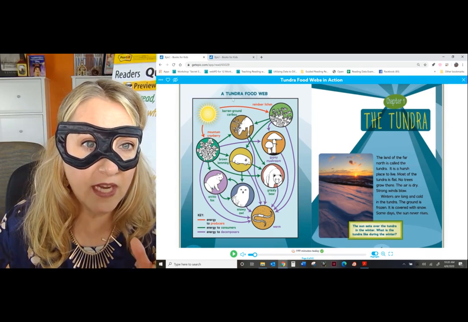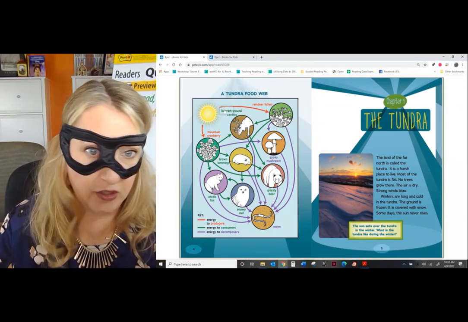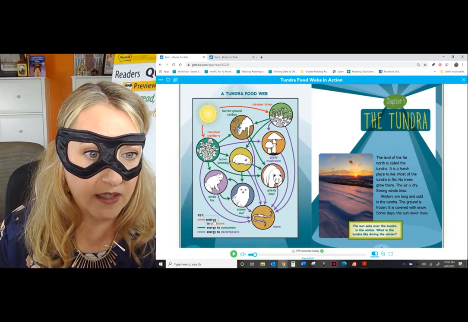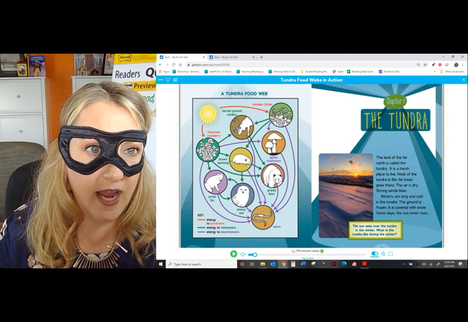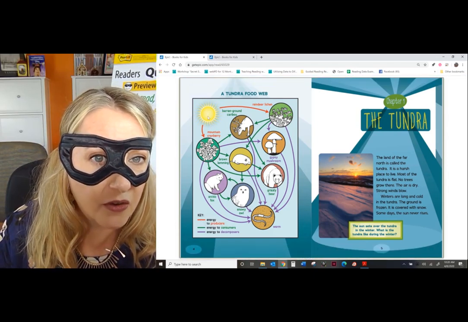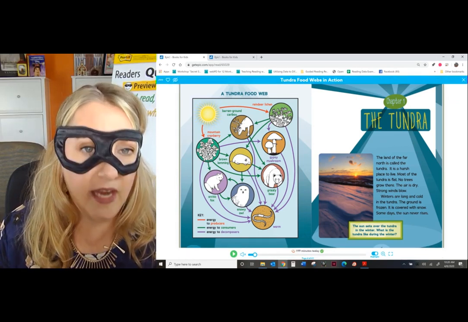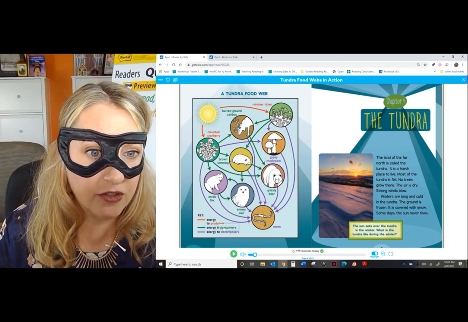So now I'm going to turn the page, and I'm going to read every text feature first. Okay, so this says a tundra food web. I see lots of pictures, animals, plants, lines, crazy lines going everywhere. I'm going to look at the key. Energy to producers. Okay, so that's red. All right, so the sun comes out, and then we have the red arrow. Okay, so it's going to some plants. Okay, and then energy to consumers.